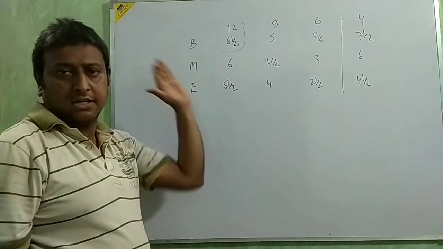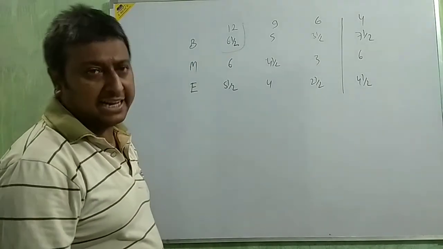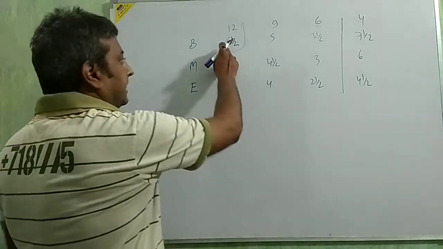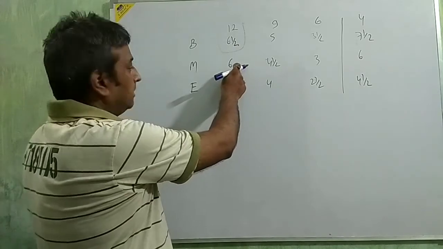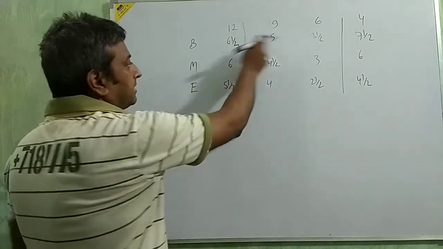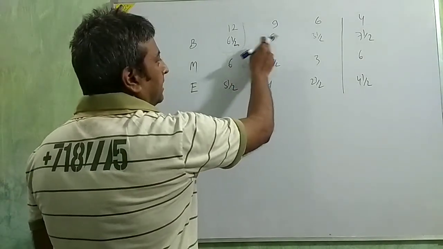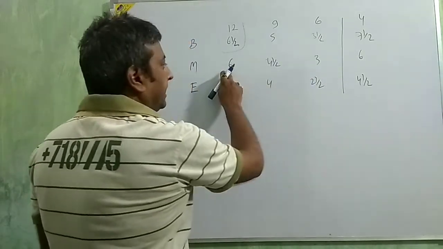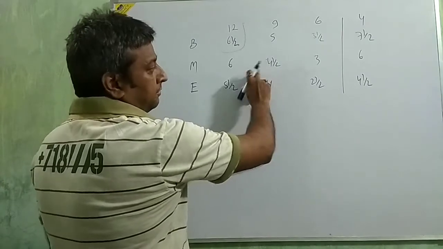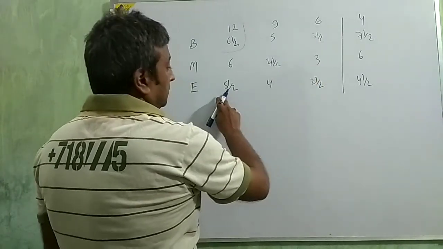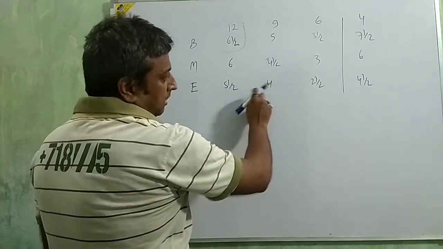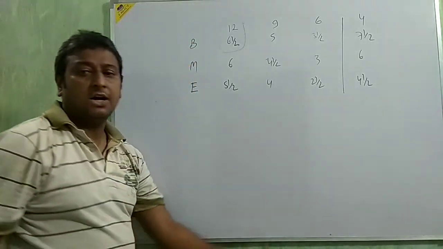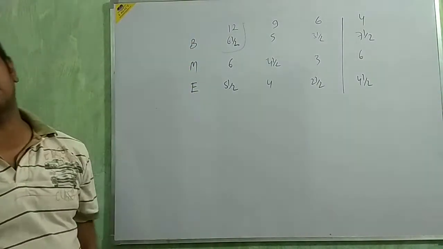Downside less half and that side less 1.5. 6.5 less half is 6, 6 less half is 5.5. This side 6.5 less 1.5 is 5. 5 less 1.5 is 3.5. 6 less 1.5 is 4.5, less 1.5 is 3.5. 5 less 1.5 is 4, less 1.5 is 2.5. Okay, beta? In this way you can easily remember these things.